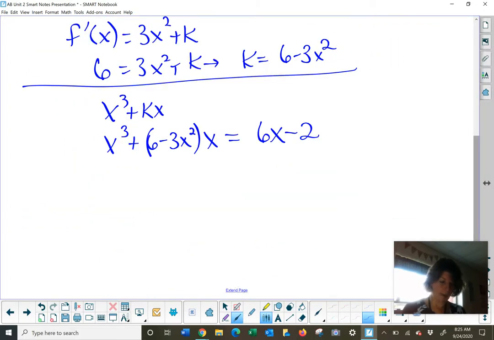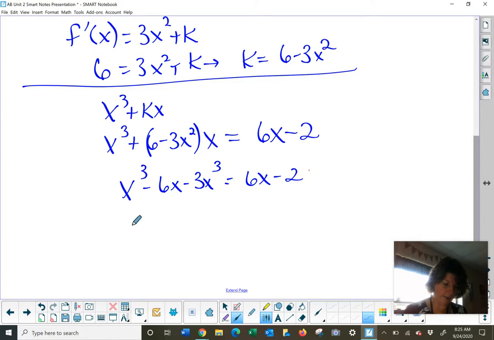Now, it is just solving it out. X cubed plus 6x minus 3x cubed equals 6x minus 2. Let's get everything over to one side.